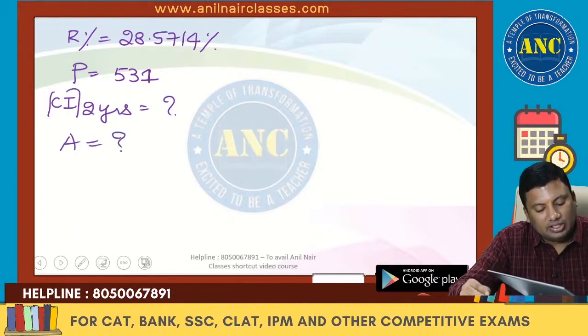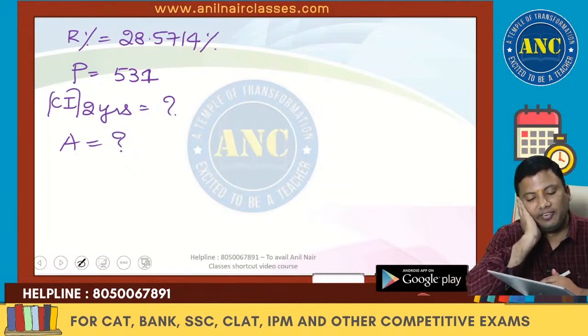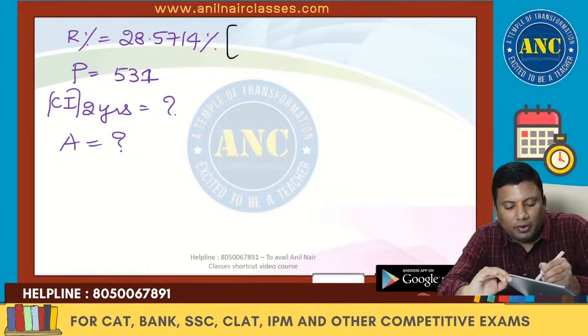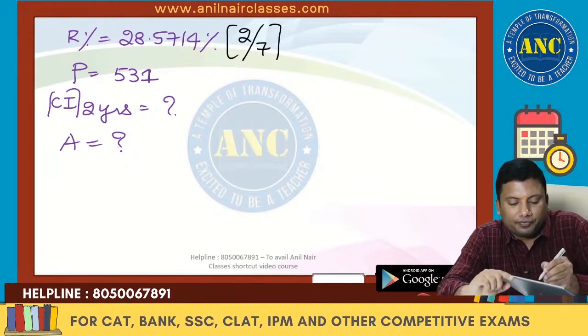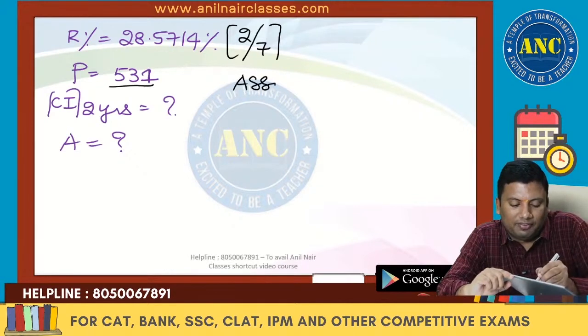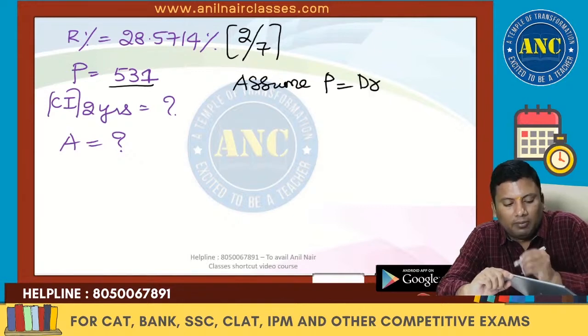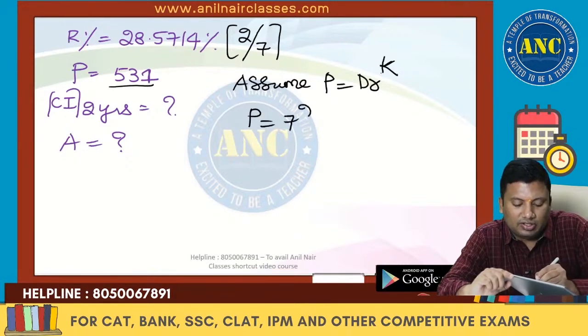R is 28.5714, which is nothing but 2 by 7. So if you observe, 531 is not a multiple of 7. So assume principal equivalent to denominator power k. Principal is nothing but 7 square, which is 49.